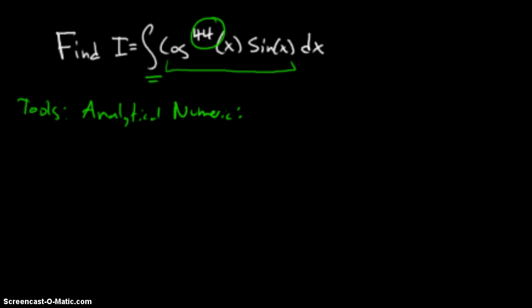For this particular case we could use analytical and numerical integration, except it wouldn't be very practical or time efficient, and at the same time it's possible to get an exact answer, so we probably should get an exact answer from this integral.